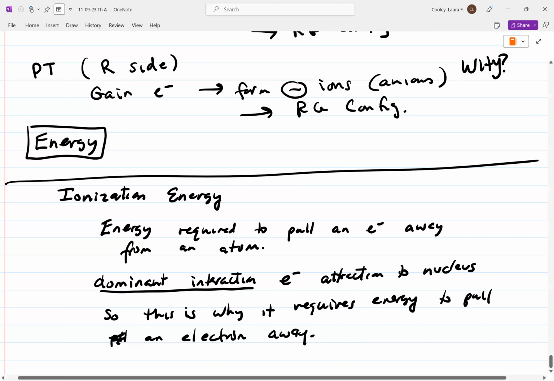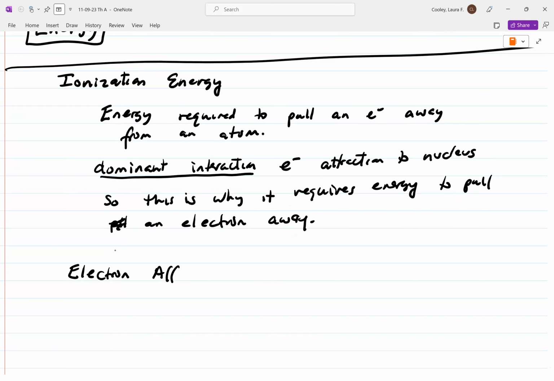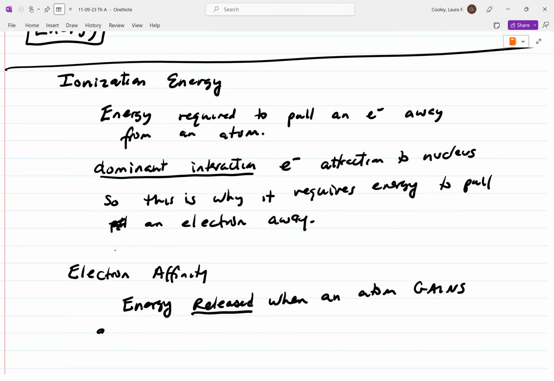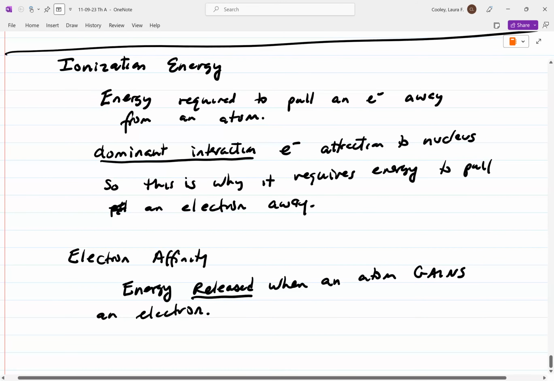Okay, so we're going to learn somewhat about ionization energy. That's one of the things. Just a little introduction there. Another thing we're going to learn about is called electron affinity. And electron affinity is the energy that is released when an atom gains an electron. Again, the reason why energy is released is because the dominant interaction is with the nucleus, which is an attraction.